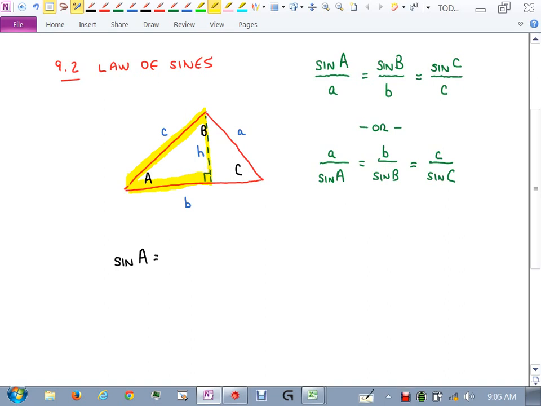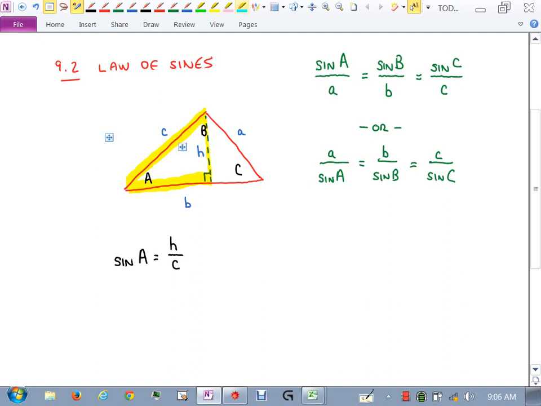Sine is opposite over hypotenuse, correct? Which would be height over C. Everyone agree with that? It would be the height, which is the opposite side of the right triangle, divided by the hypotenuse, which would be C. Do you all understand that?